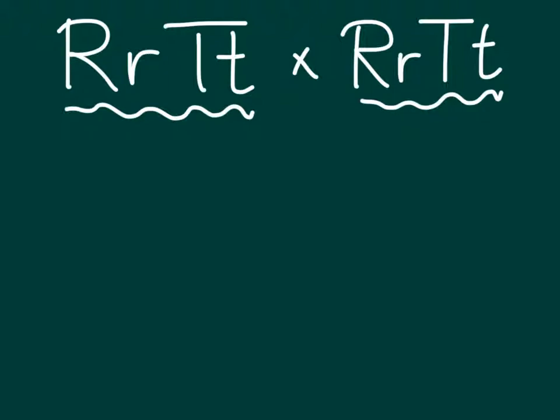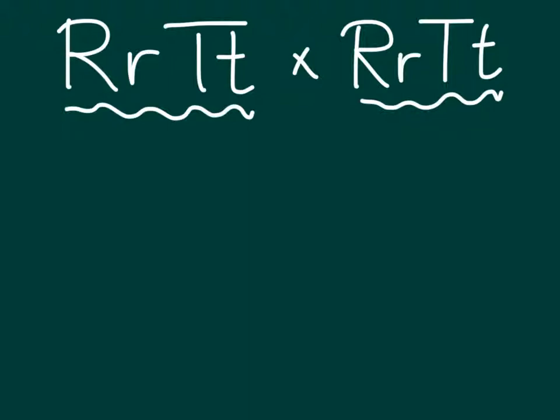If they're going to produce gametes, so they're going to make eggs or sperm, in this case it's going to make pollen, will it have 1 gene or both genes in that gamete? Okay. So if it's going to have both genes in that gamete, both the round, wrinkled, tall, short gene, then how many letters will every gamete have? 2. Every gamete gets 2 letters.